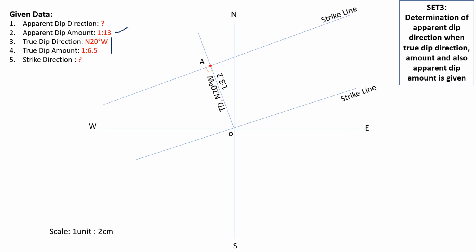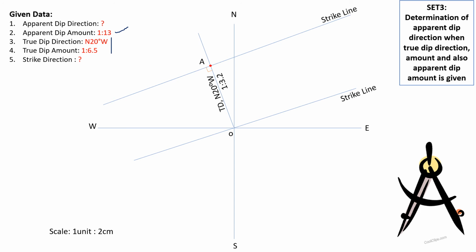So we'll take a compass. We'll measure 1:13, which with respect to the scale will be 1:7.5.